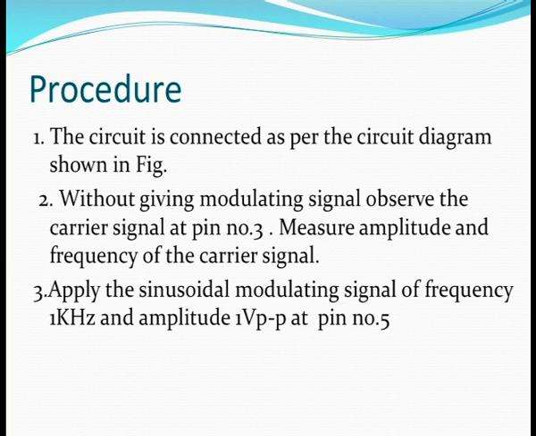After verifying the initial setup, now we are going to apply the sinusoidal modulating signal, which is of frequency 1 kilohertz and peak to peak amplitude of 1 volt to pin number 5.